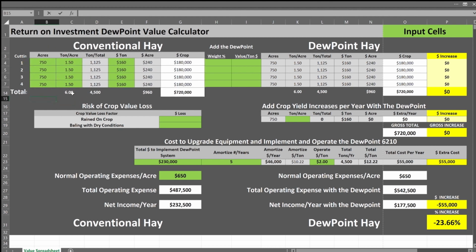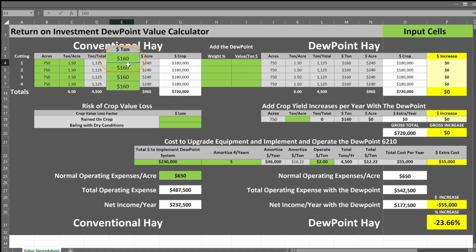And so we've got that already filled in. Our average hay price is going to be $160 a ton. We realize that this price could be much higher in some regions and potentially even a little bit lower in other regions. We feel very confident in the $160, and most customers do. So we're going to calculate based on $160 a ton hay.